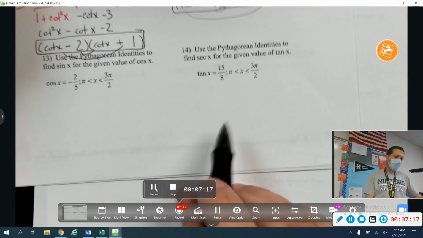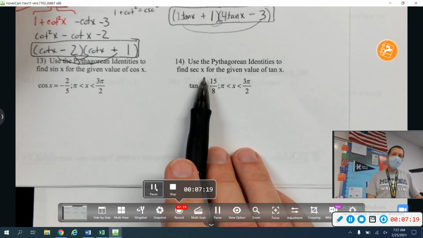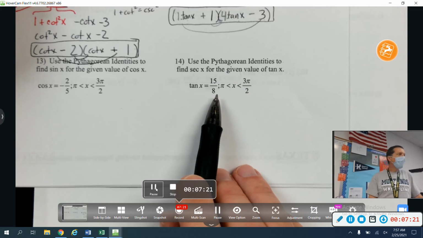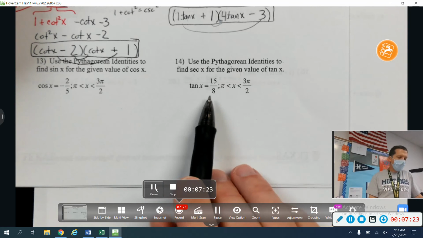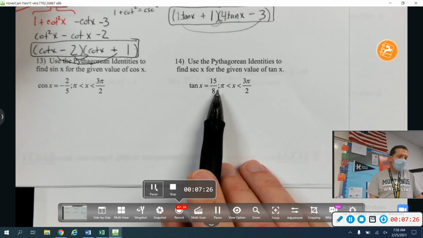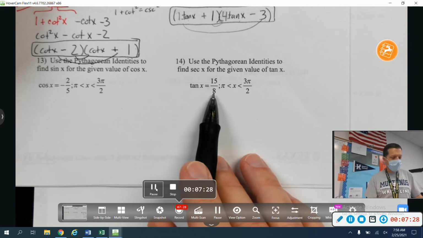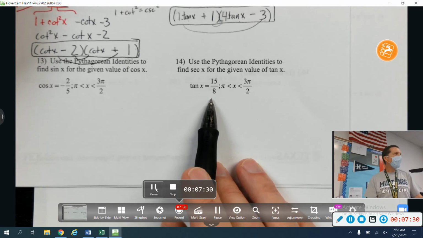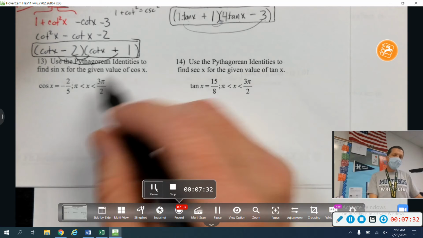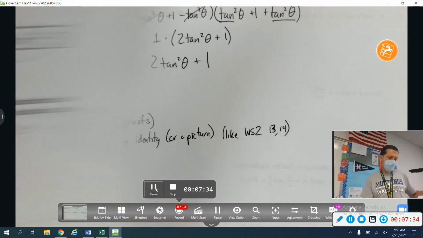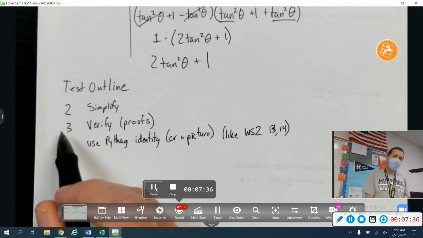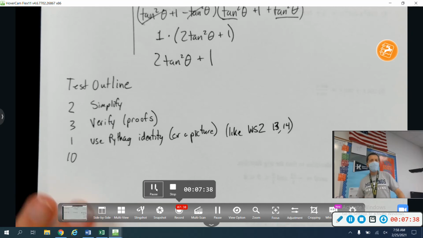Looks like this. Use Pythagorean identity to find secant x for this problem. But you could also just draw the picture, because since we did this, we learned about drawing pictures. So there's really now 2 ways to work these problems, and I don't care which way you work it. So that sort of ties together the units, or the pieces of the unit.